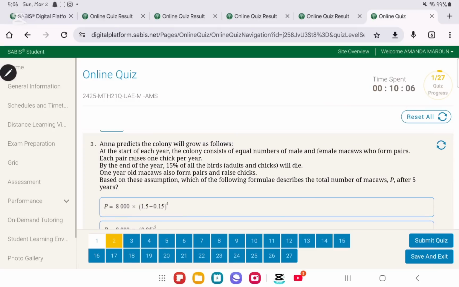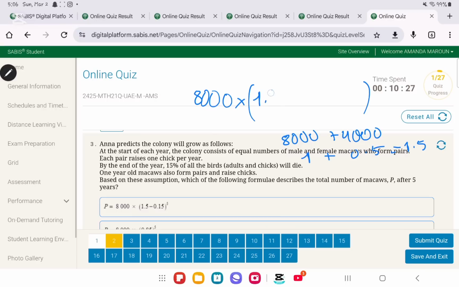They told us to make a general formula. Again, the general formula was that it starts as 8,000 chicks, and each pair successfully raises one chick. So if 8,000 chicks, they raise one chick, that's 4,000. So 1 plus 0.5 will give you 1.5. So the population increased by 1.5.